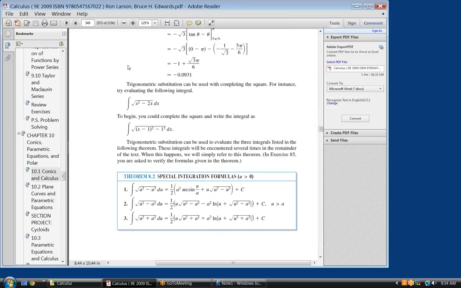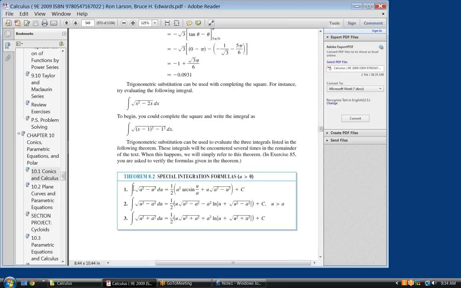There's a whole section, not a full chapter, on how to do that. And I didn't get into it because it seemed to me like it would be like studying the dictionary. In other words, all we would be doing is looking at certain types of integrals and what they integrate to. Well, these three down here are fairly special.